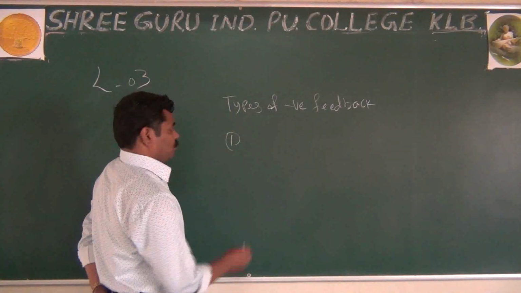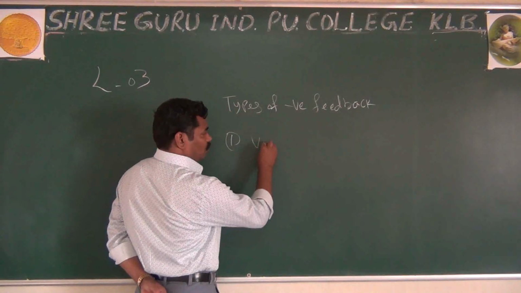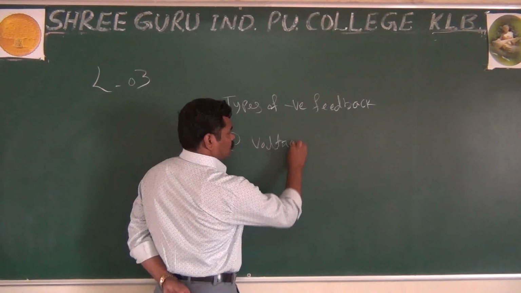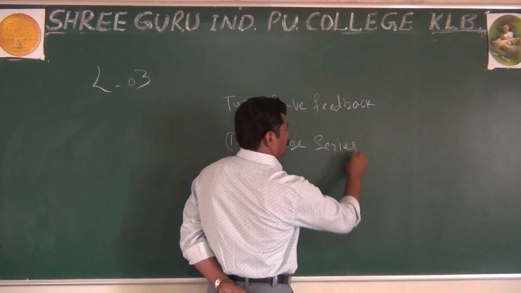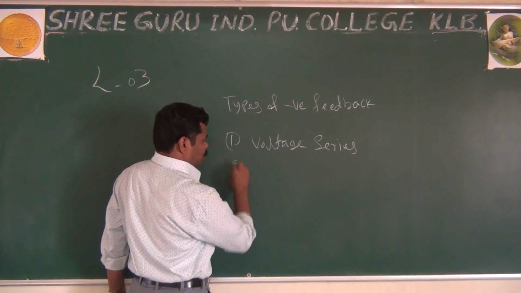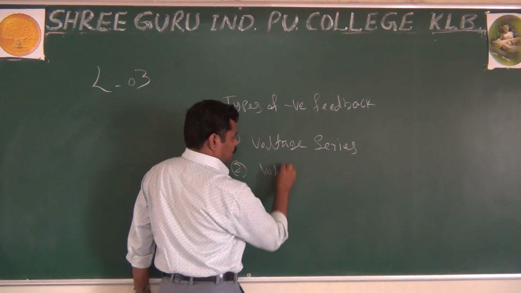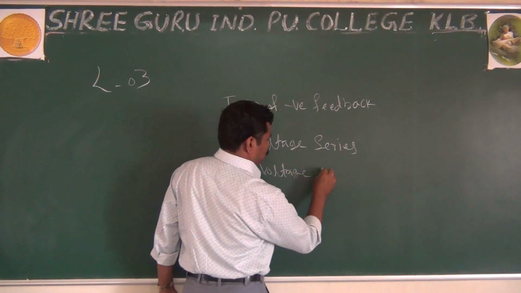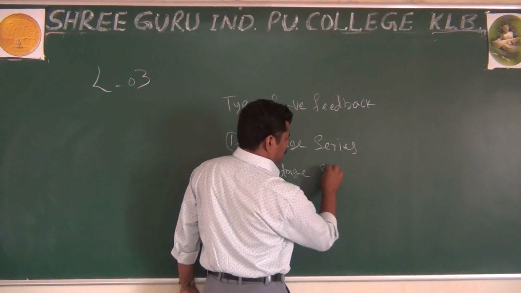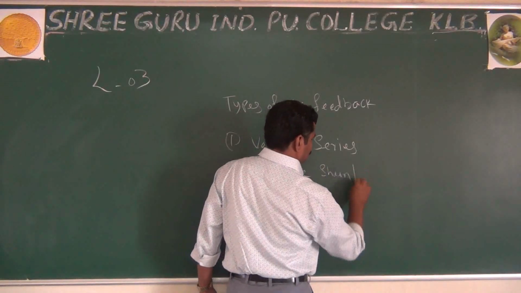As you know, the first one is called voltage series. The second one is called voltage shunt, which is a parallel connection.